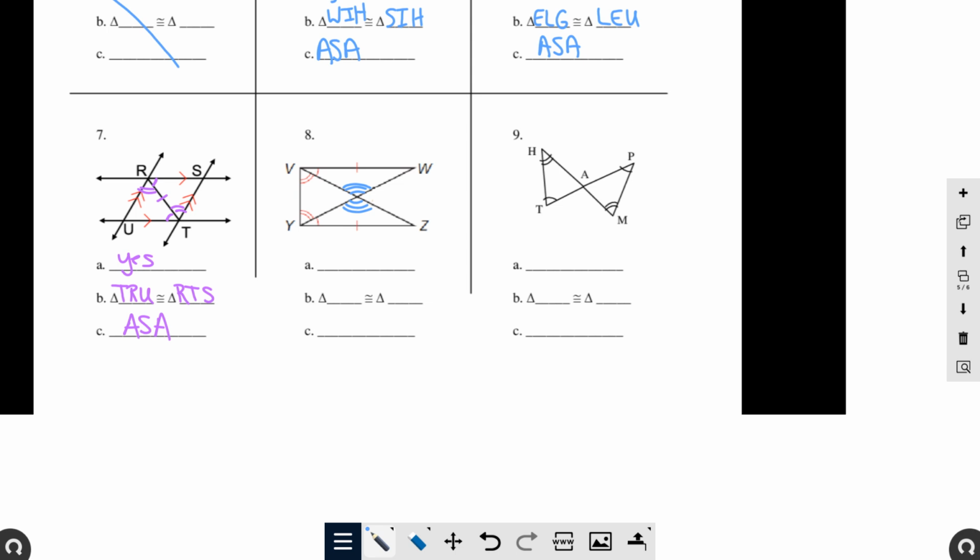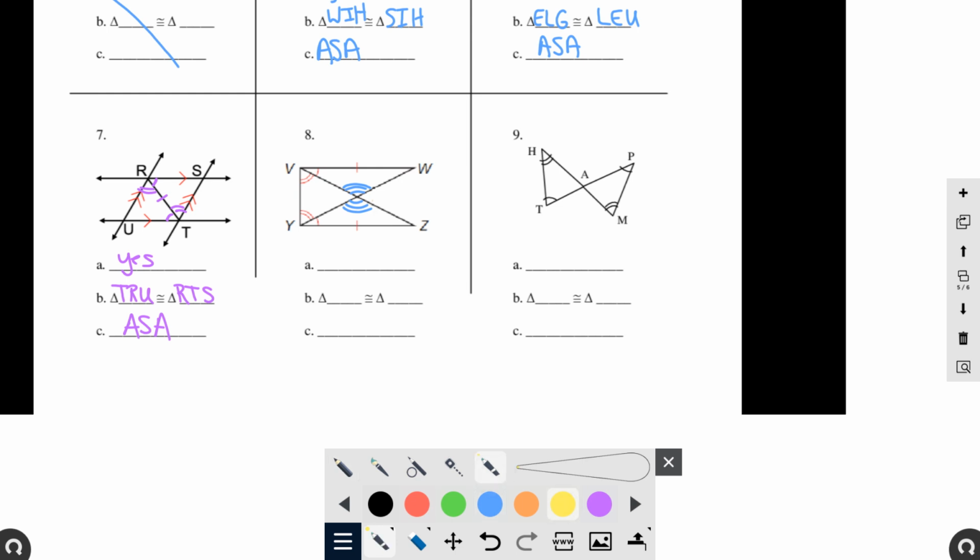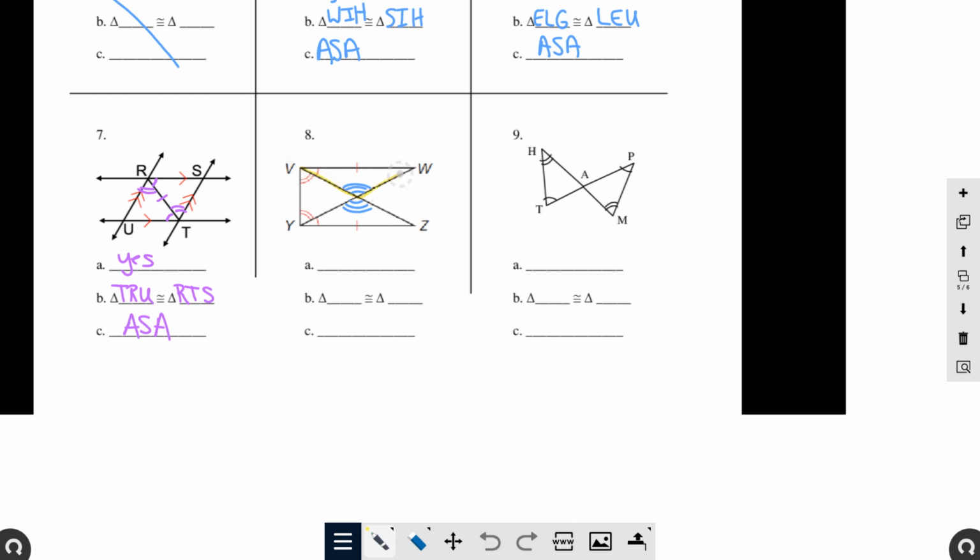Now, if we want to focus on maybe that top triangle and this bottom triangle and just kind of ignore this side over here, are those 2 triangles equal to each other? Why are they equal?